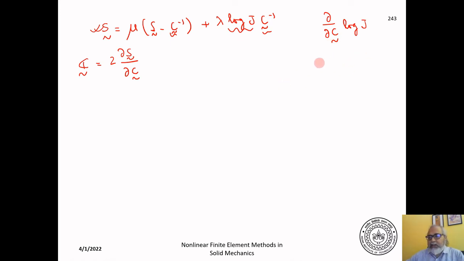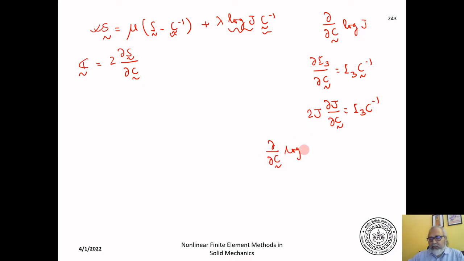So remember that del I3 del C is equal to I3 C inverse, and I3 is equal to J square, so this gives you 2J del J del C is I3 C inverse, and del C of log J is 1 by J del J del C. We can take del J del C from here, so this would be 1 by J times I3 by 2J C inverse, and then I3 is J square, so J square cancels, so this turns out to be half C inverse.